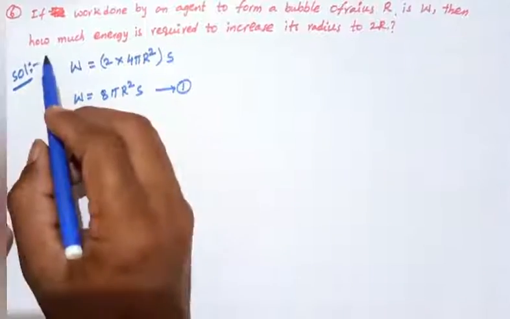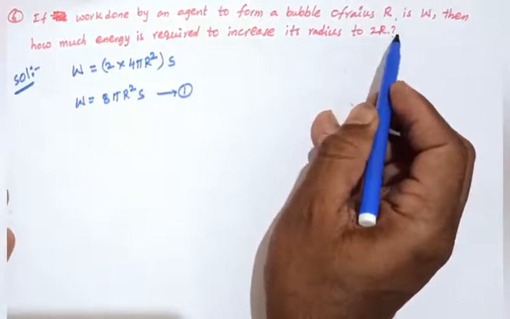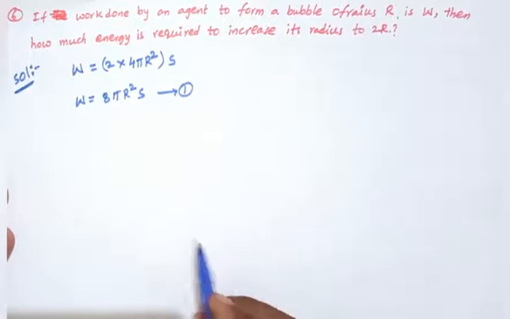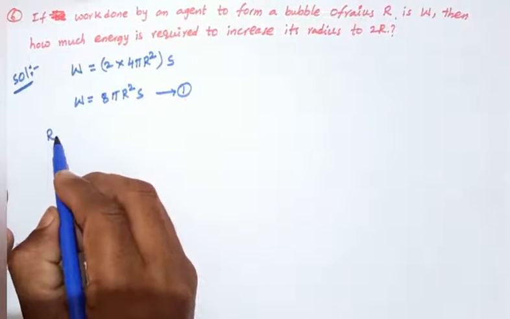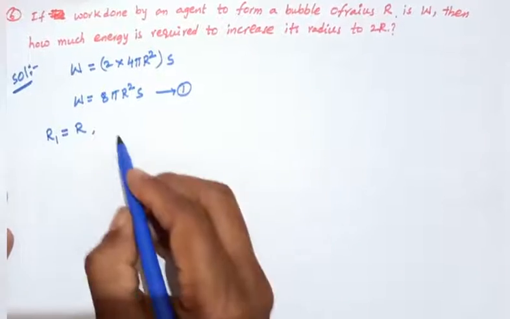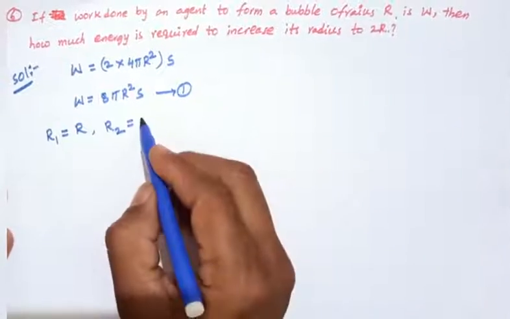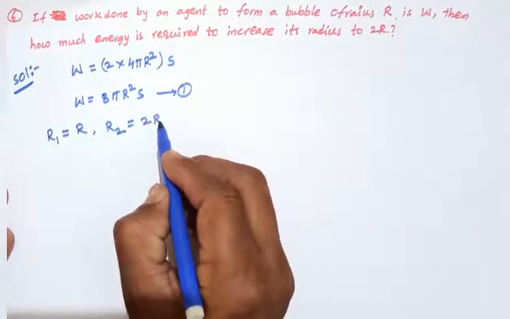So then how much energy is required to increase its radius to 2R? Okay, first of all, radius of the first one is R1 equals capital R. Radius of the second bubble is 2R.